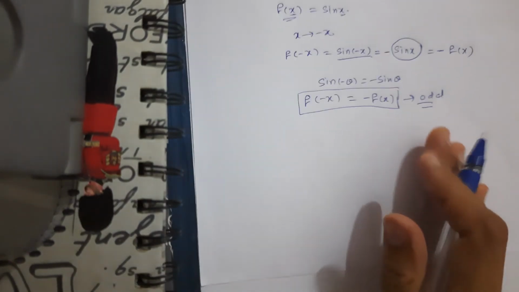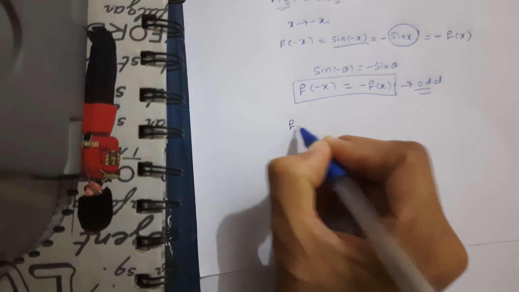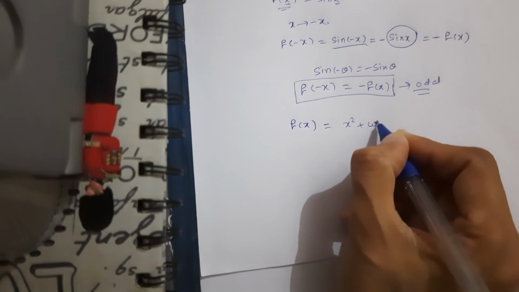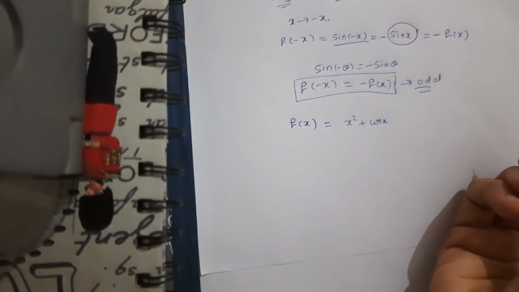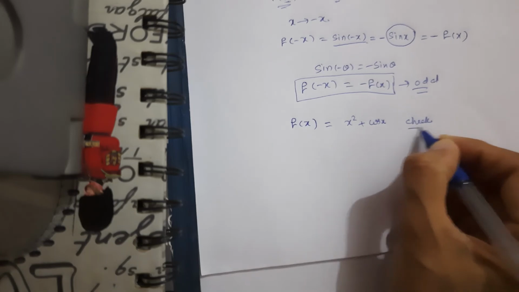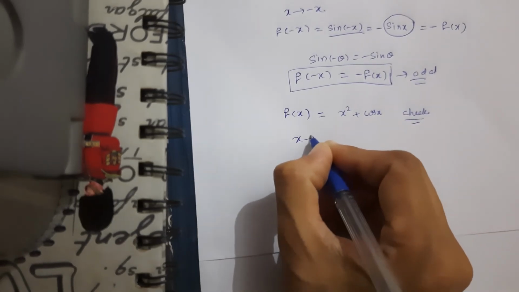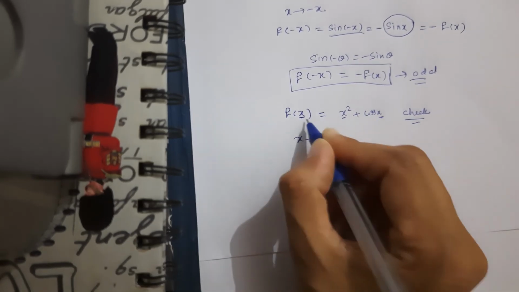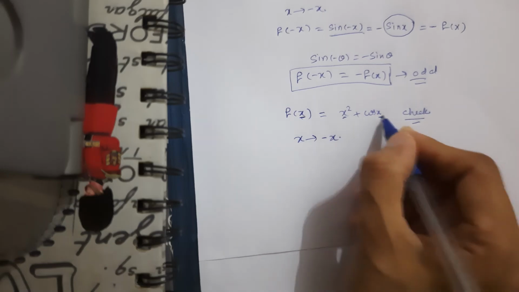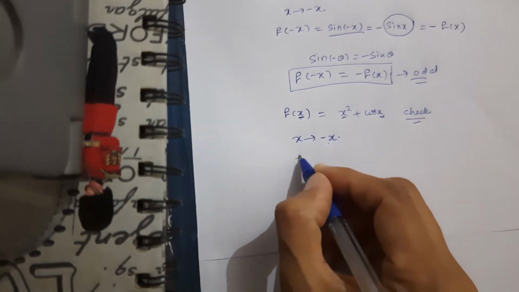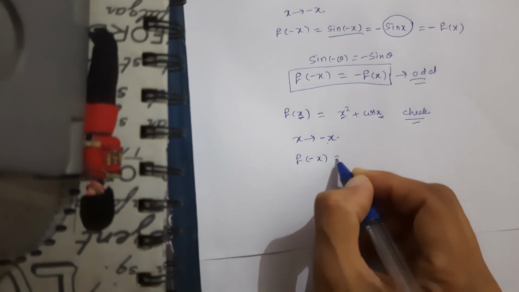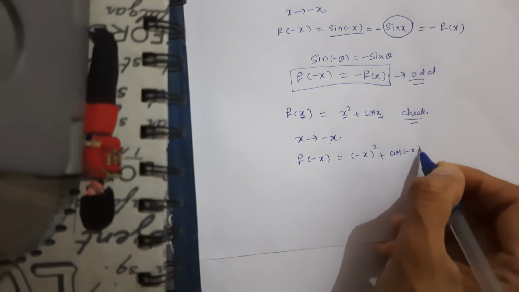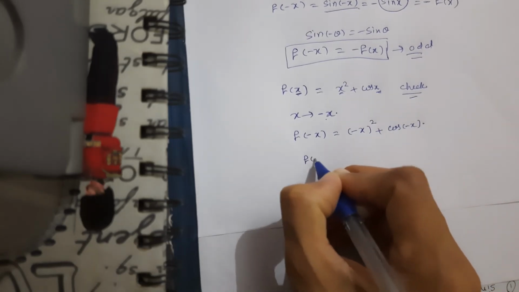Now we will solve some more examples. Check whether f of x equals x square plus cos x is even or odd. To check this, first of all I need to replace x with minus x. There are 2 places where x appears, and I am going to change each with minus x. So I get f of minus x equals minus x square plus cos of minus x.